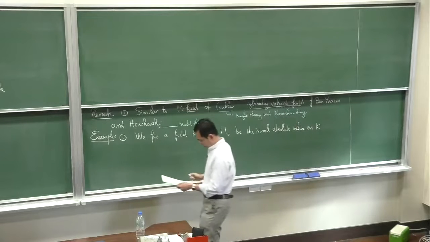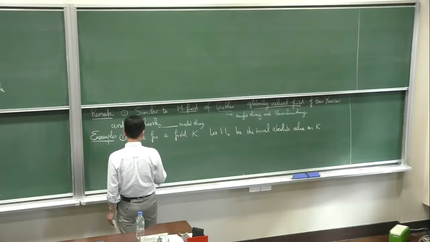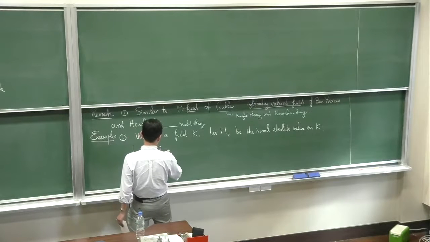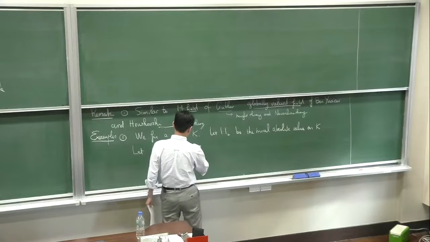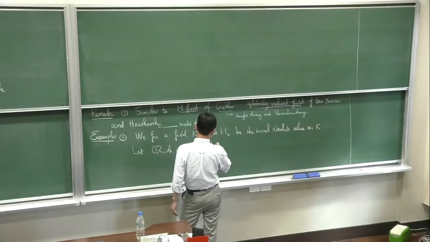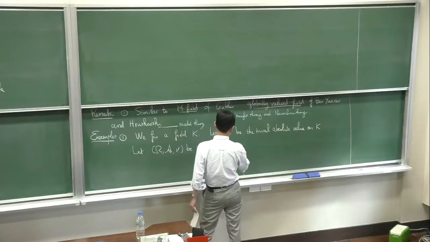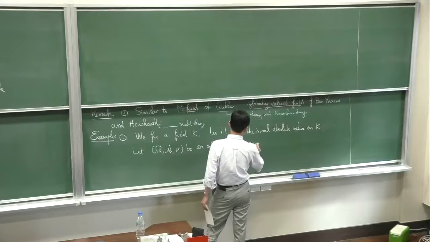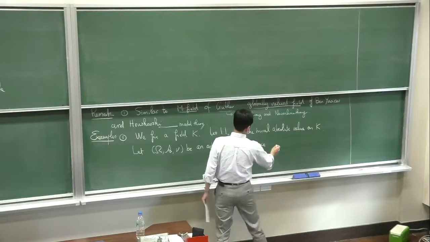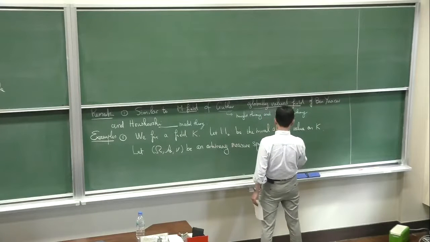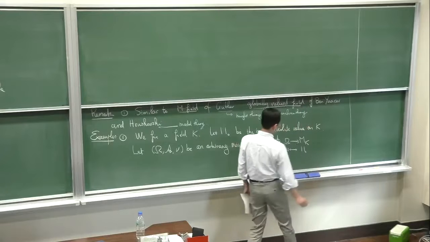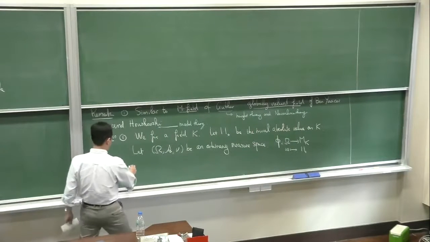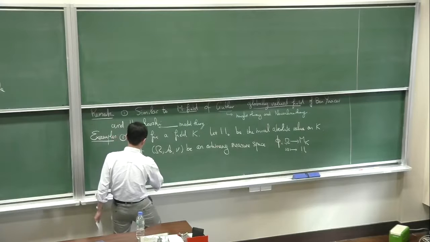Then we can take an arbitrary measure space, and we take phi to be the map from Omega to M_K which sends every omega to the trivial absolute value. Then you get an adelic curve.